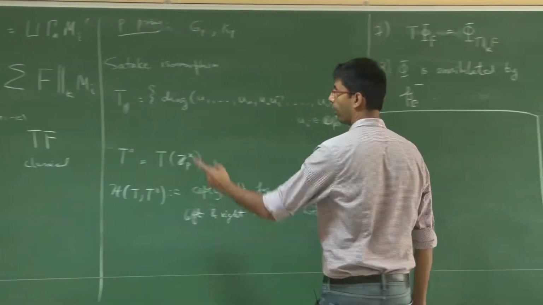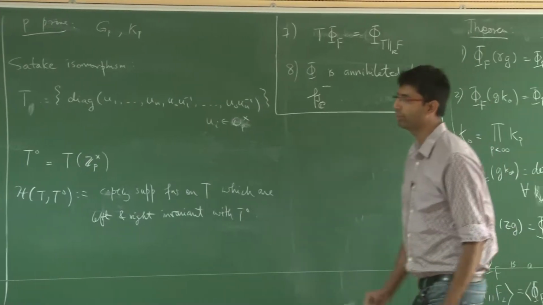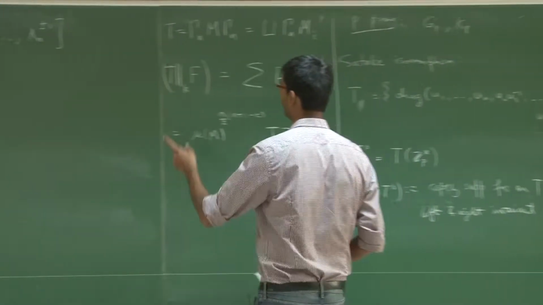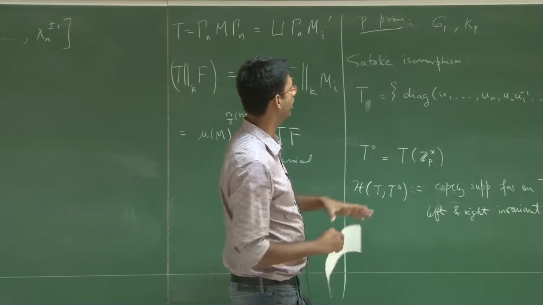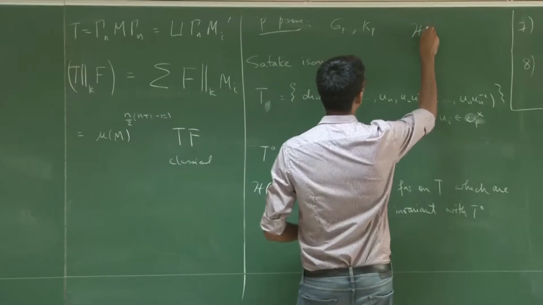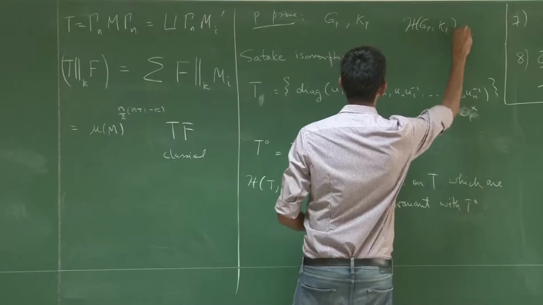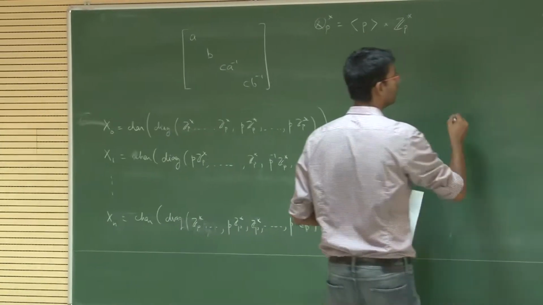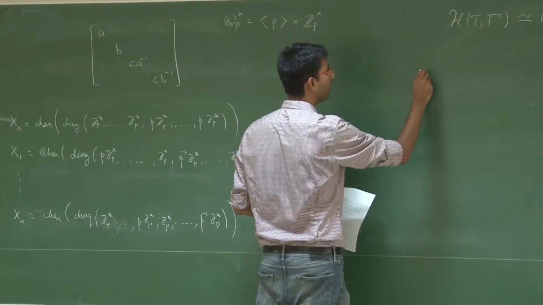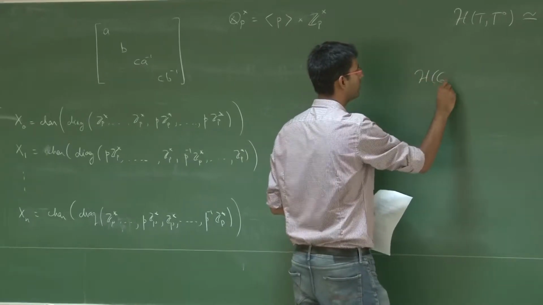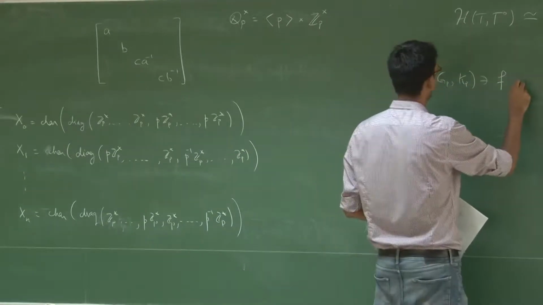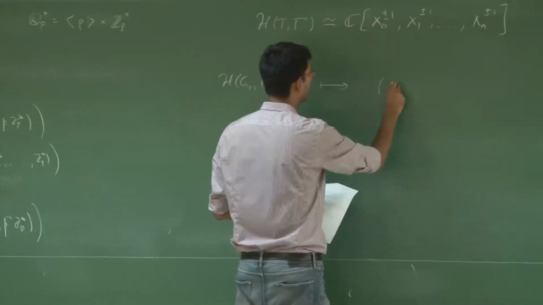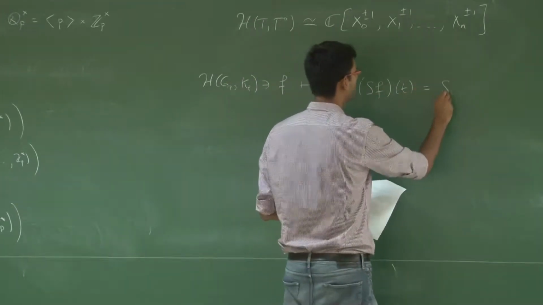So it turns out that I already got you n plus 1 elements here, and these are the n plus 1 elements which are essentially going to generate my Hecke algebra H(GP, KP), and the way it's going to work out is the following. So now is the Satake map. You take H(GP, KP), your f, and you map it to the following thing.